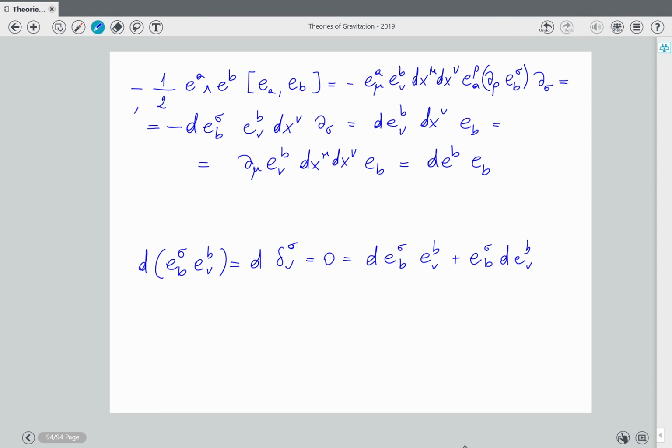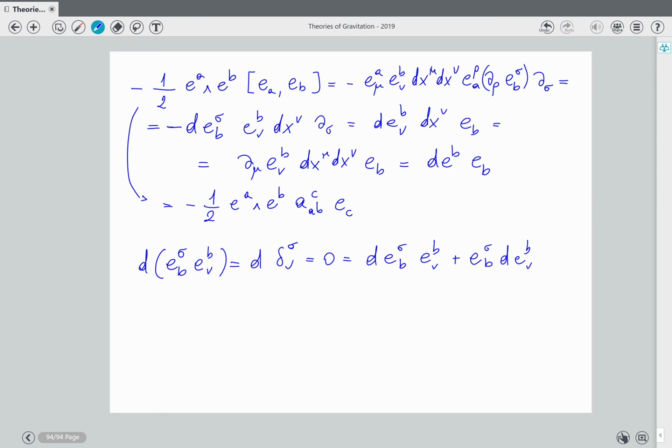On the other hand, with the notation we have used previously, we can say that this is those coefficients A, B, C, EC.